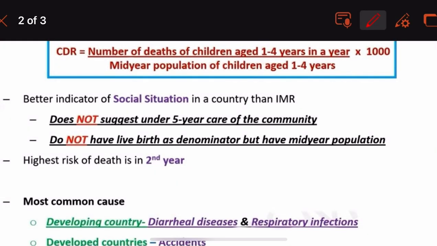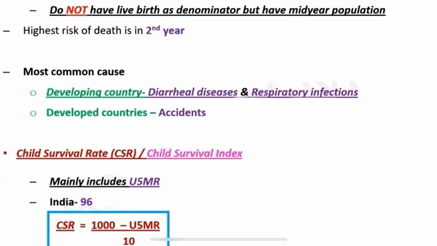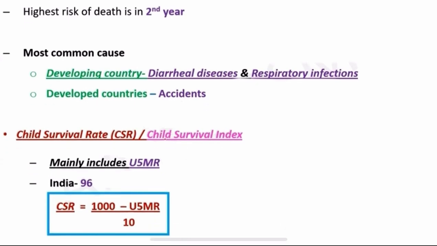Now, what is the cause of death in 1 to 4 year old children? The commonest causes in the developing countries are diarrheal diseases and respiratory diseases. So in the developing countries, the leading causes include diarrheal diseases and respiratory diseases. In addition to this, you can also write other causes like malnutrition, or infectious diseases like measles, whooping cough, accidents, injuries.